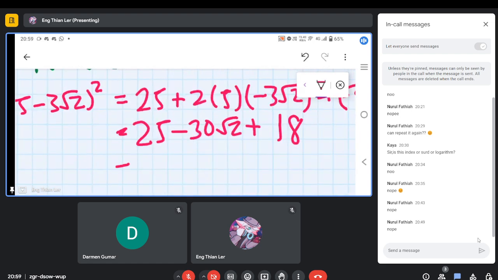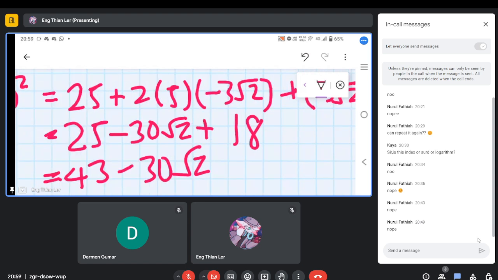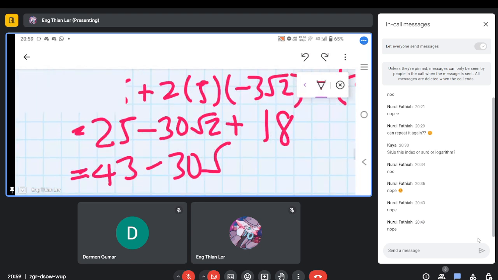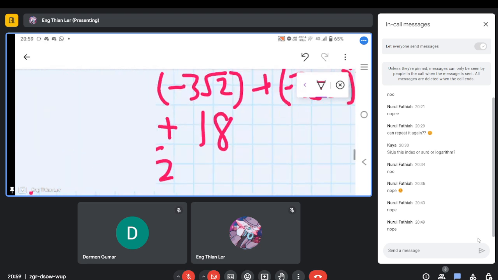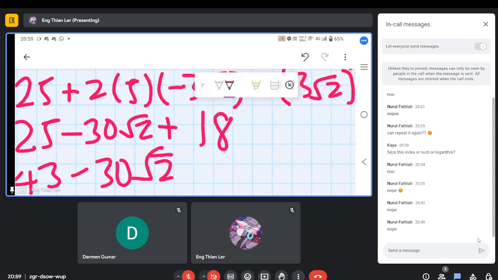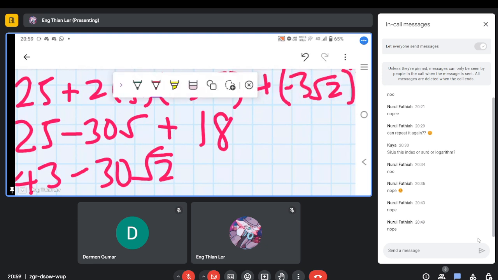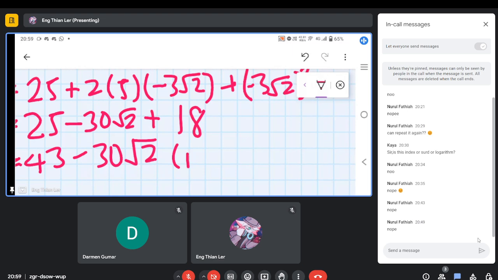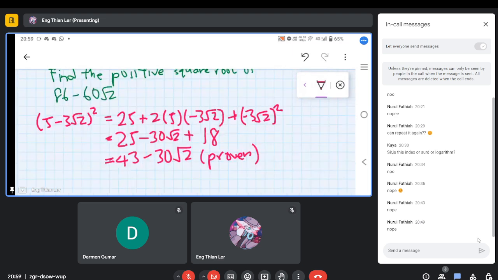So adding them together, you will get 43 minus 30 root 2. Okay, so now we have proven it.